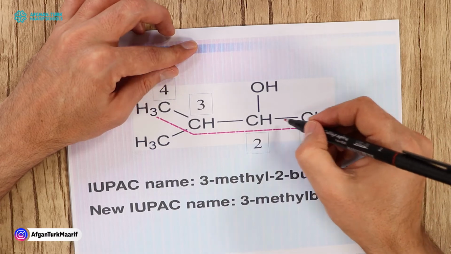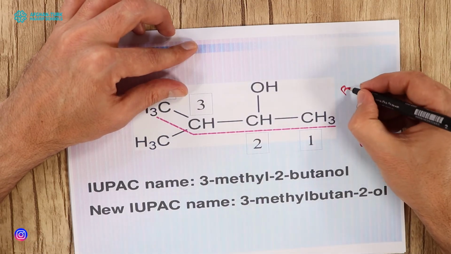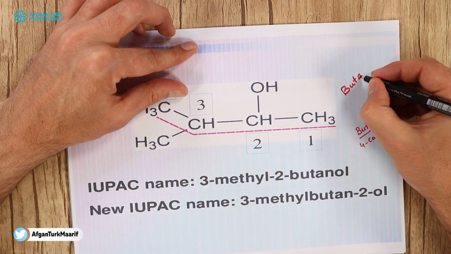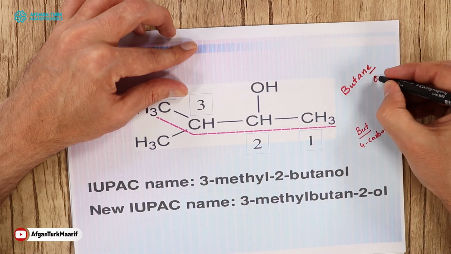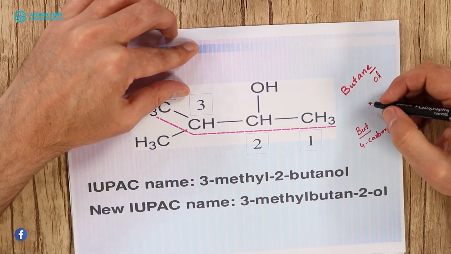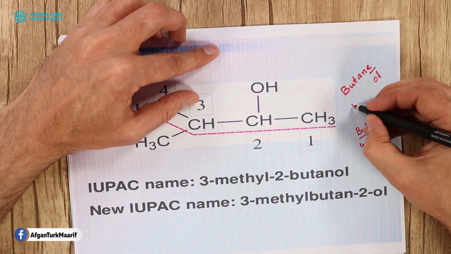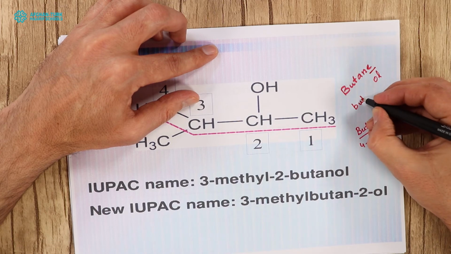Because it is butane, but when you have OH there, the E in butane is replaced by OL. So it becomes butanol.